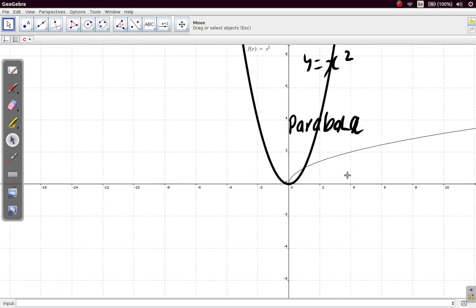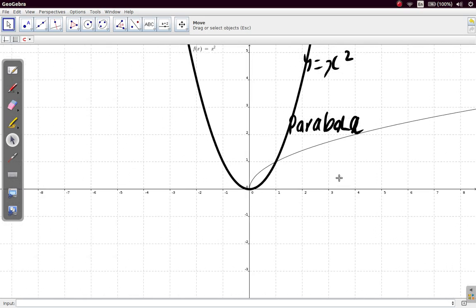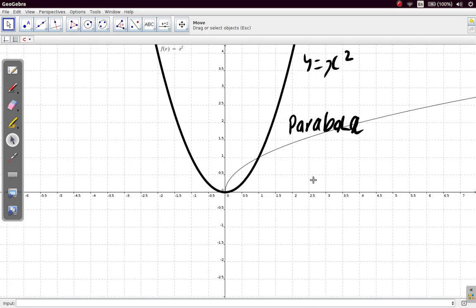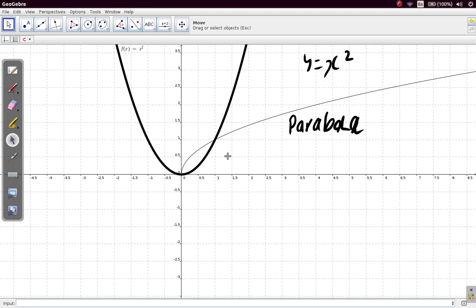Alright, let's zoom back in. X raised to the power of 0.5, only the positive half you have up here, because you cannot raise a negative number to the half. So let's also add negative x raised to the power of 0.5 as well.